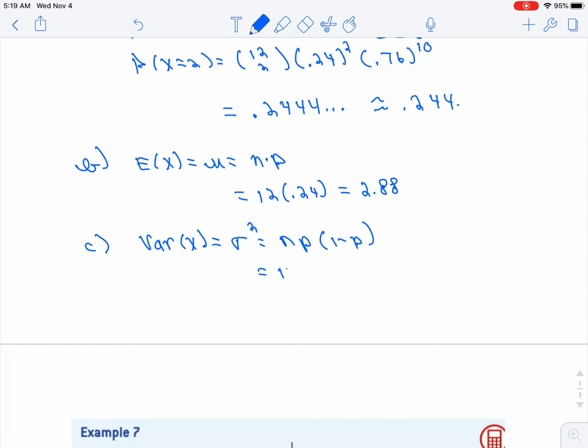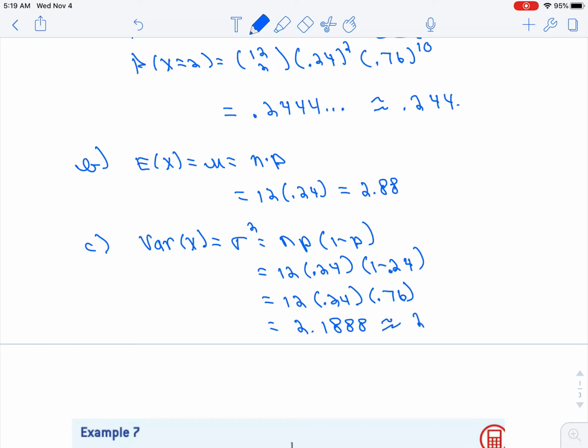So that's simply going to be 12 times 0.24 times 1 minus 0.24. We already have that number. We know that that's 0.76. So it's just 12 times 0.24 times 0.76. And that turns out to be 2.1888. So if we round that to 3 sig figs, this is going to be 2.19.